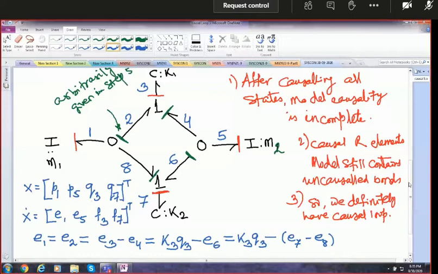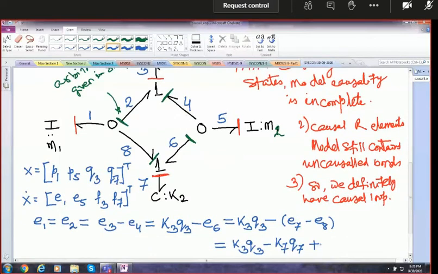So we have K3Q3 minus E7, which is K7Q7, and plus E8. How much is E8? The strong bond is 2 at the zero junction. It is E2. So what did we get?